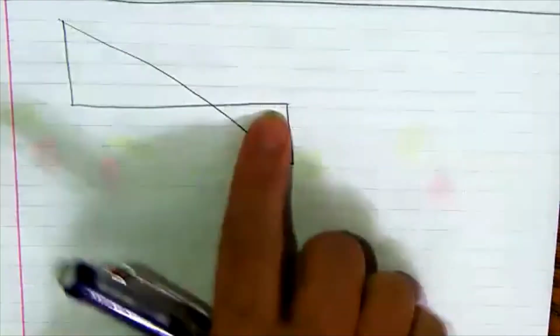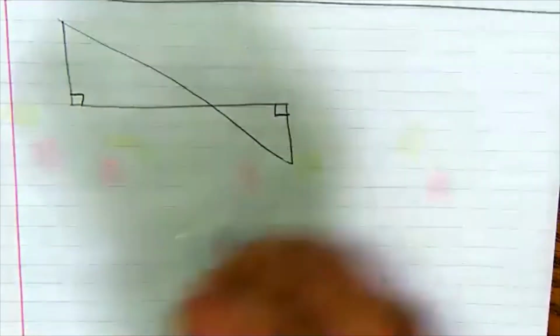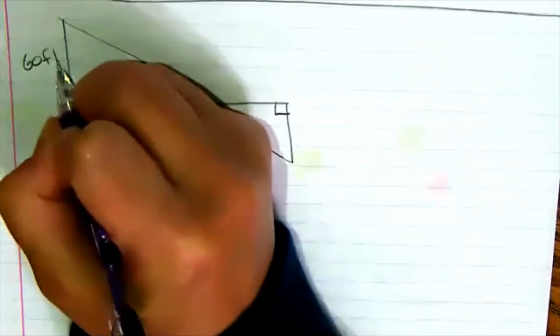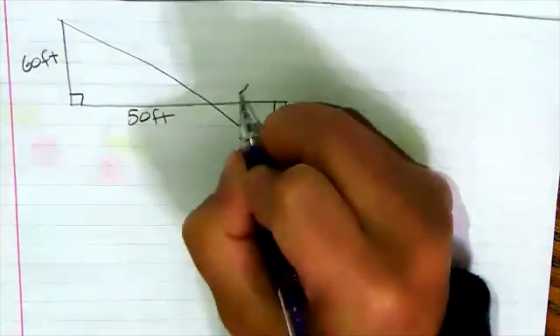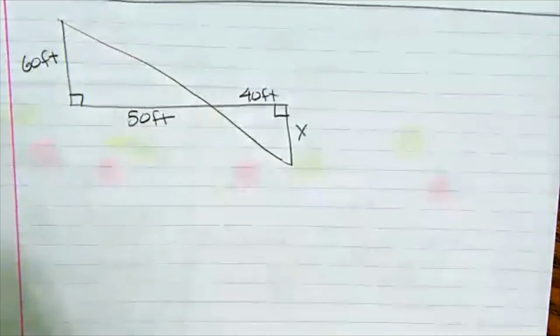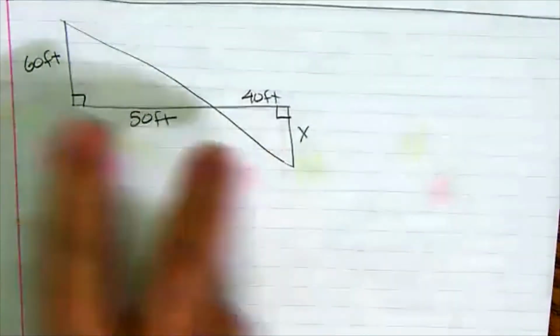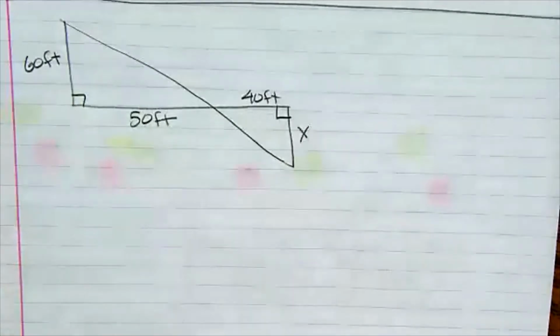That's a straight line. It doesn't look very straight, but it is straight. You're gonna see this type of problem a lot. You will see a figure like this, and they'll give you the leg measures.